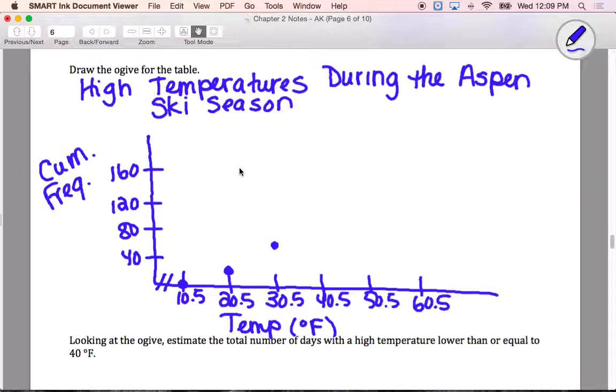We go to 40.5 and do 117. We go to 50.5 and we've got 144. And then we've got 60.5 as 151. Like I said, we're going to connect the dots there. So you should be able to see the growth as it goes through this line graph.